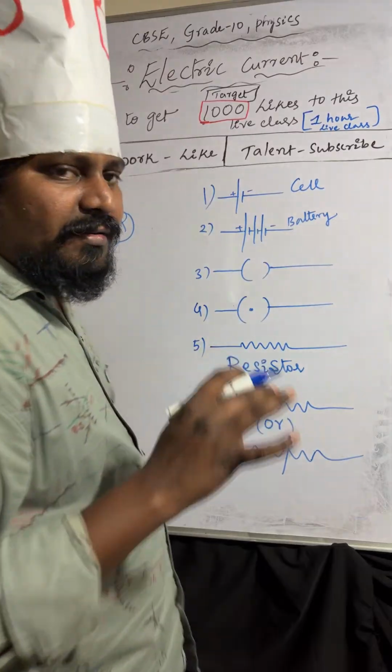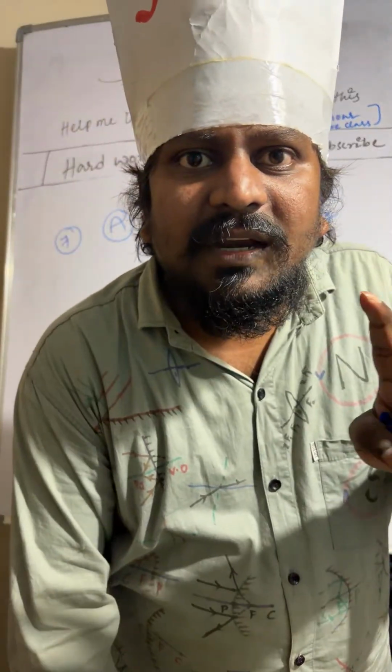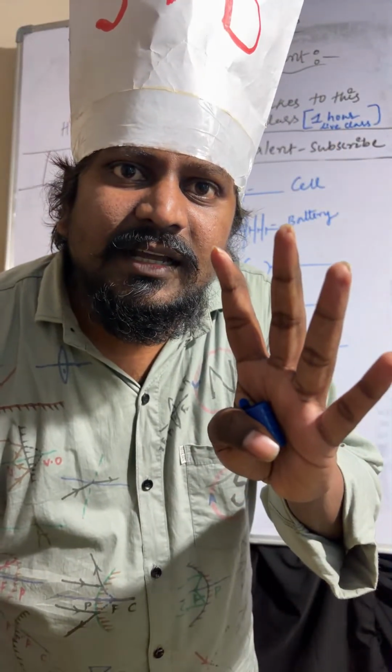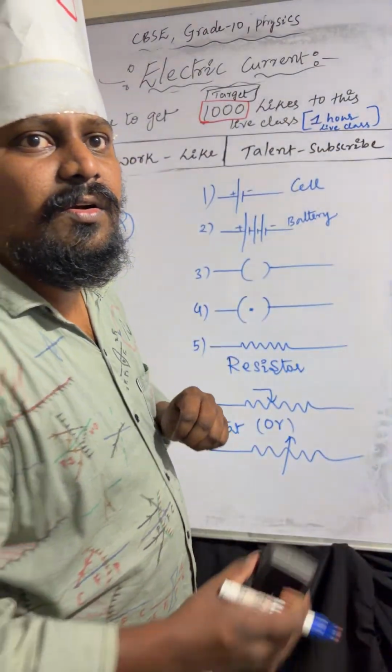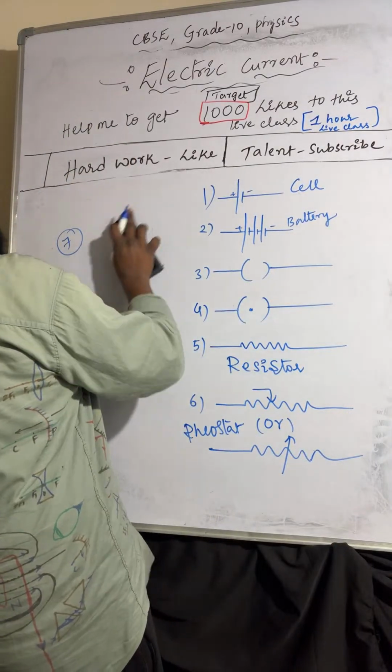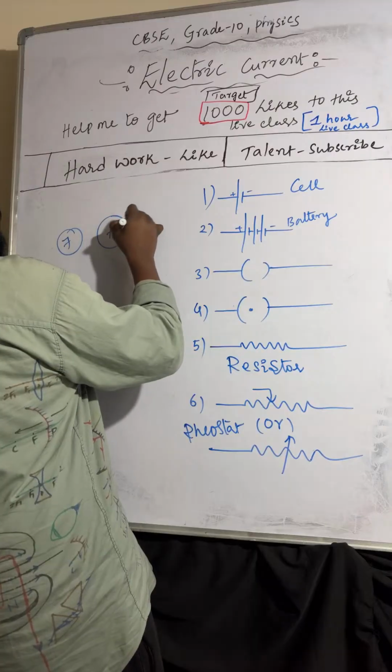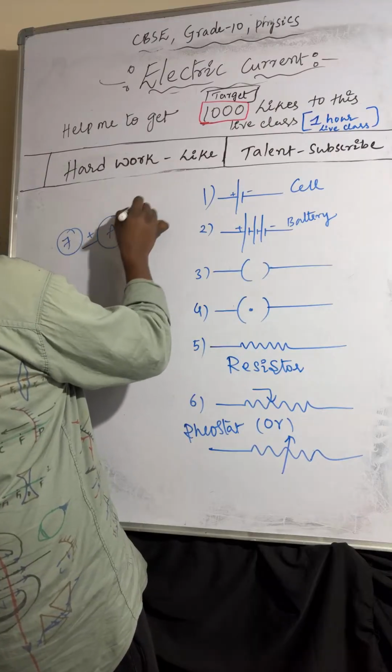Ammeter is a device which is used to measure the electric current in the circuit. Okay, so positive terminal, negative terminal.